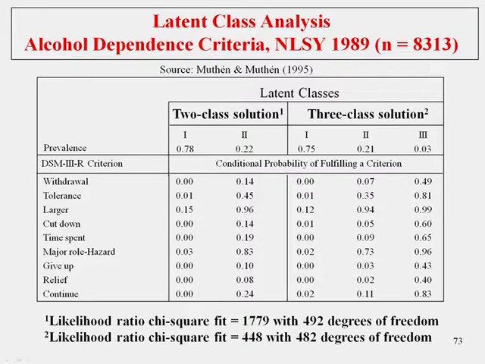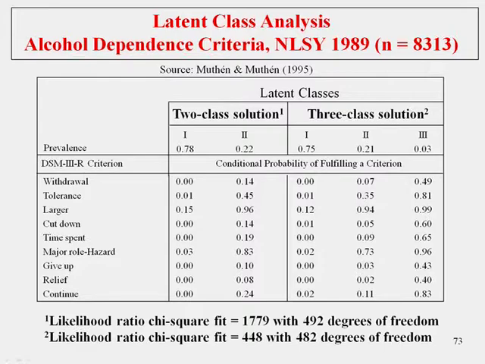And if you look at the conditional item probabilities for class 1, you can see that they're all very, very low, with the exception of larger. So the only item that the people endorse to any amount at all is drinking more than they had intended in that class.